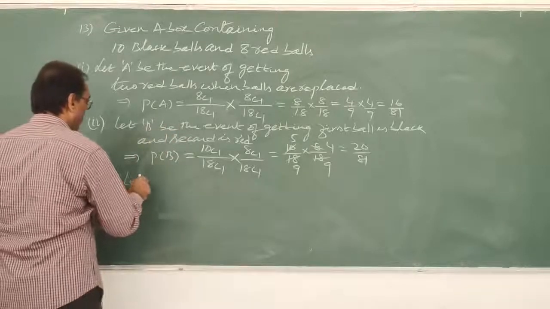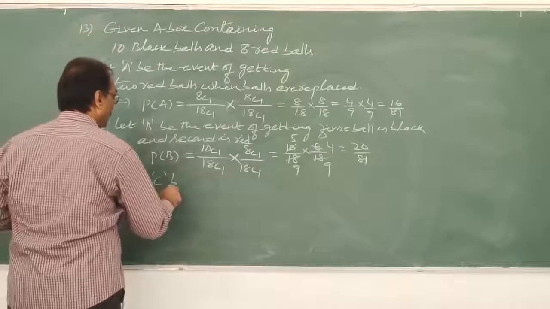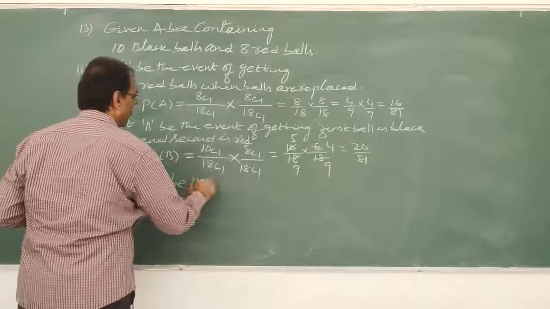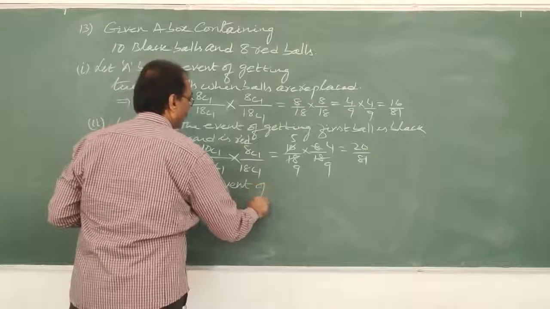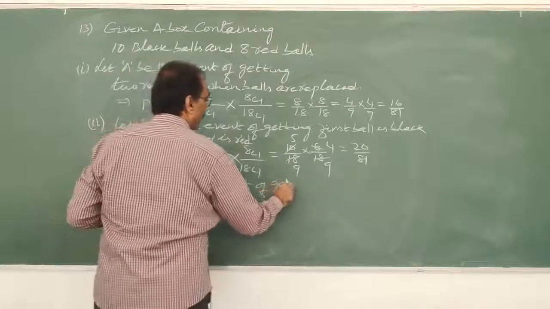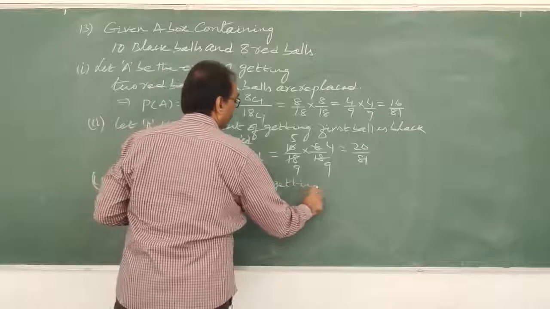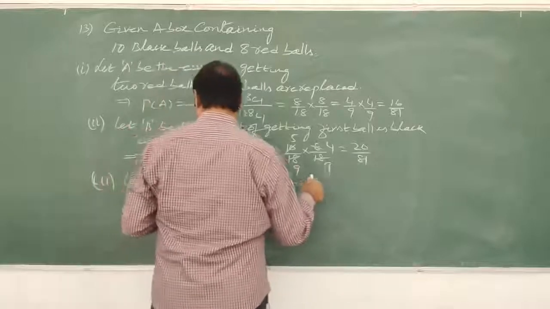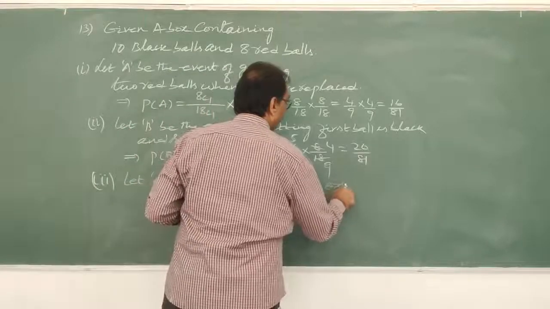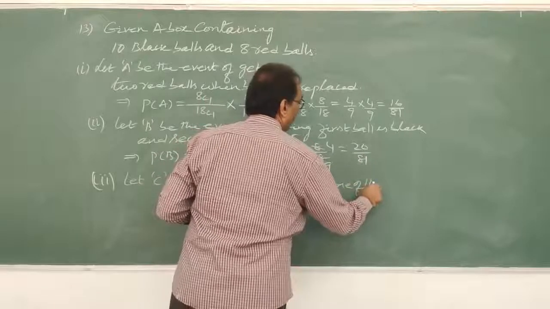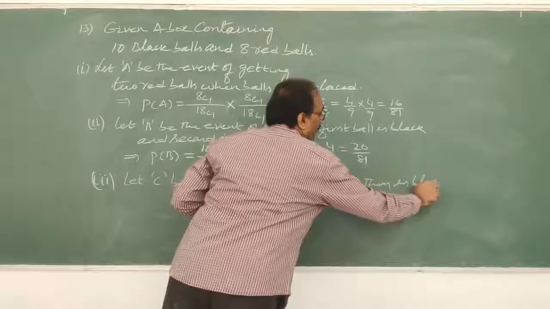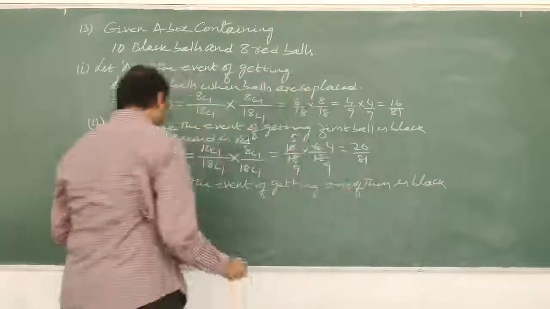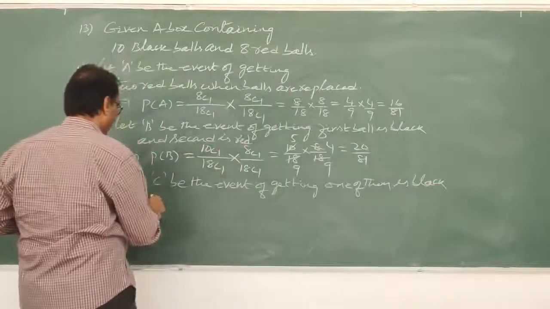Let C be the event, like that working you should write. Let C be the event of getting one of them black and the other red.